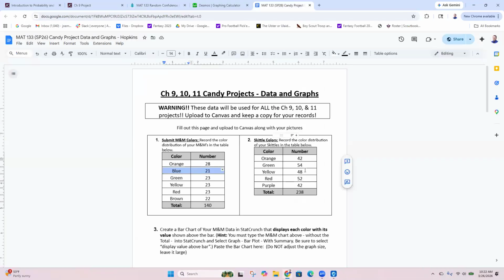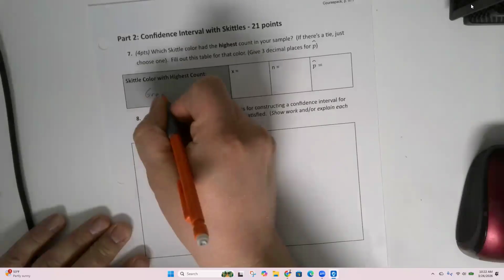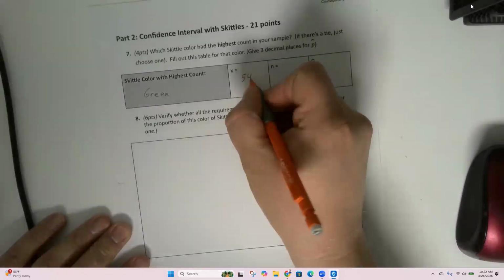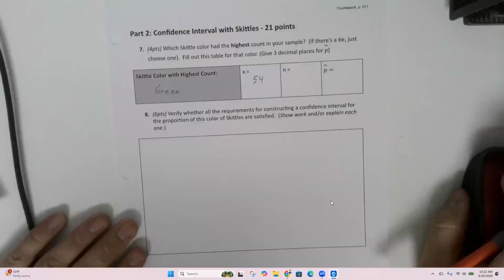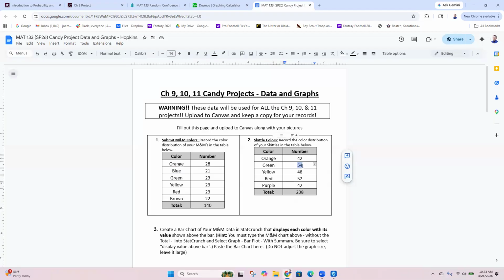For Skittles, mine was green. I had the most green, 54. X is the highest number in this case. Last time it was the lowest, now it's the highest because we're switching to find the highest count. My sample size is 238.